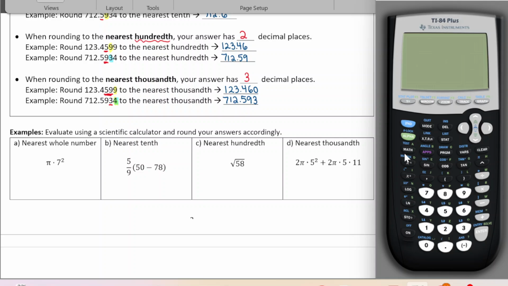Okay, so first one, finding the pi button. Every calculator is different. For this calculator, for example, I'm going to see the pi button. I don't see it actually. Where is my pi button?